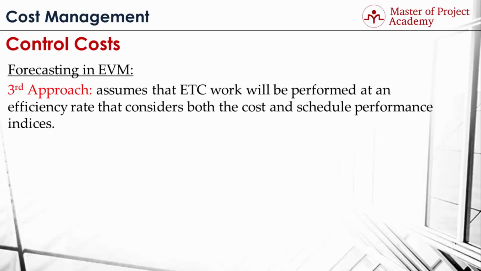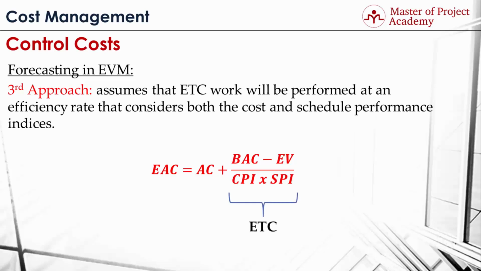The third approach of estimate at completion calculation assumes that the estimate to complete work will be performed at an efficiency rate that considers both the cost and schedule performance indices. The formula for the third approach is as you see in this slide. Actual cost is summed up with the estimate to complete value, which is calculated by using budget at completion, earned value, CPI, and SPI.